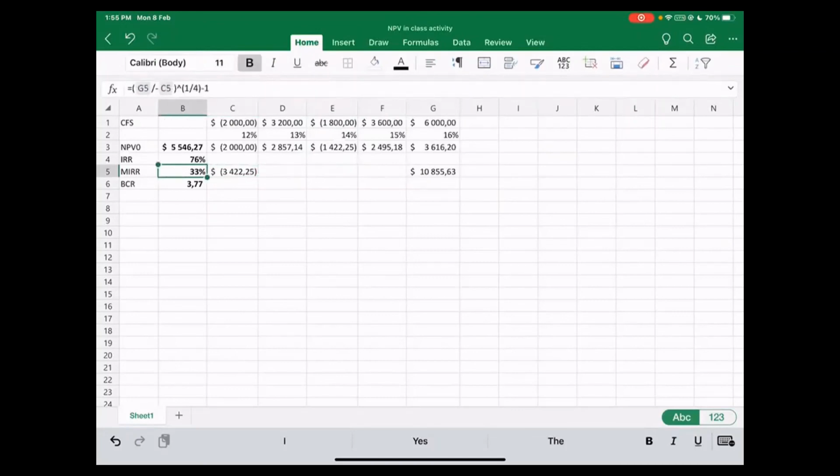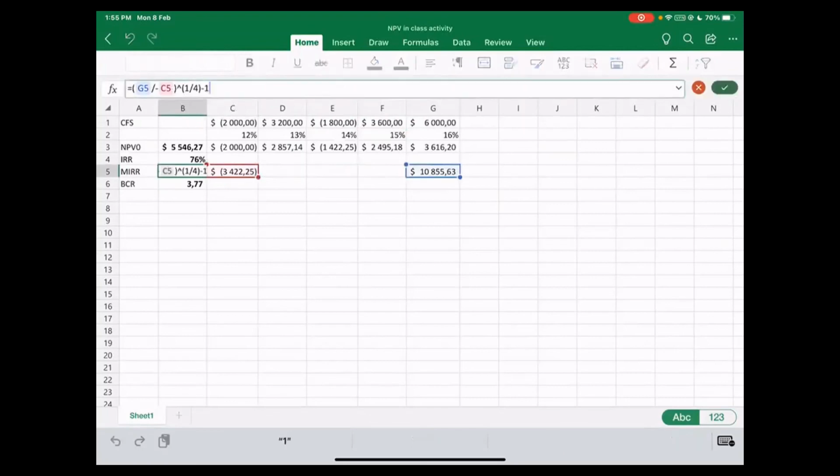Okay. And I divided according to the formula: the future value of all positive cash flows divided by the present value of all negative cash flows, to the power of 1/4, because we have 4 years. Very good. Minus 1.